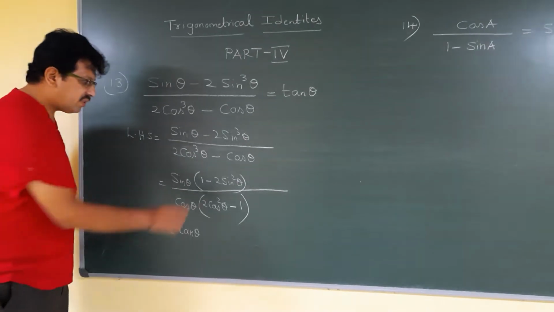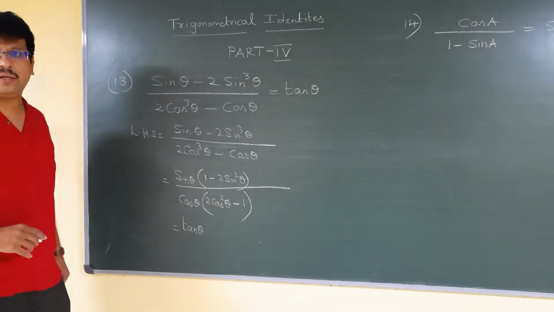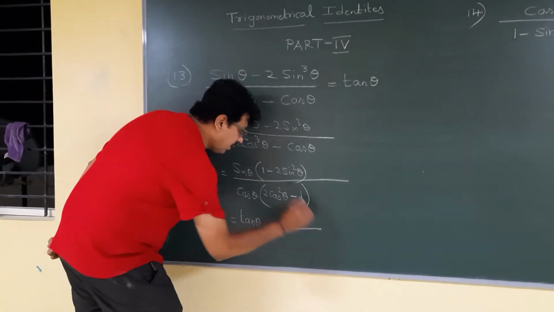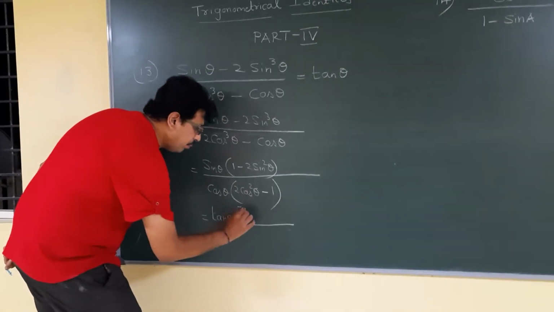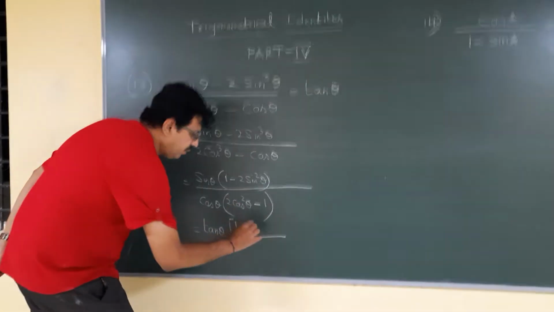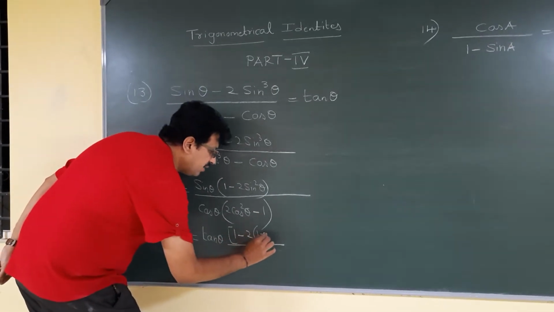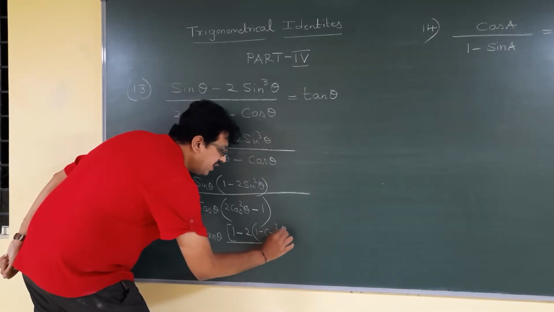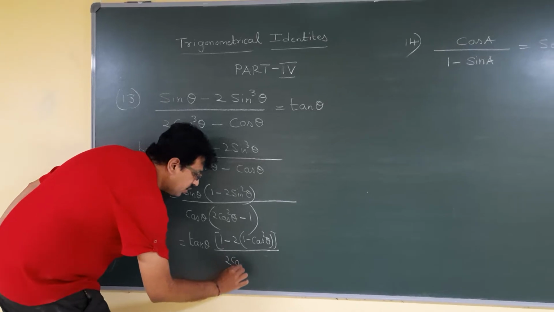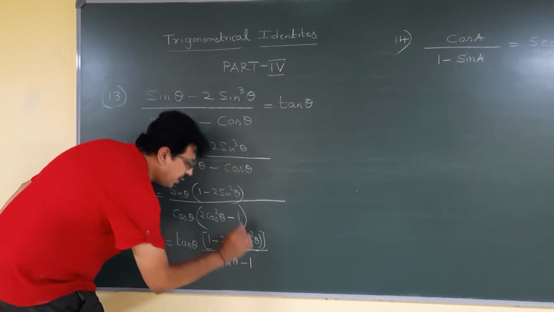So let us take sin square theta as 1 minus cos square theta. We will write 1 minus 2 into (1 minus cos square theta) divided by 2 cos square theta minus 1.